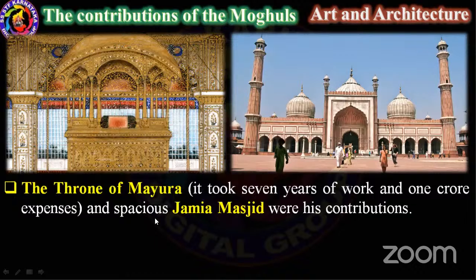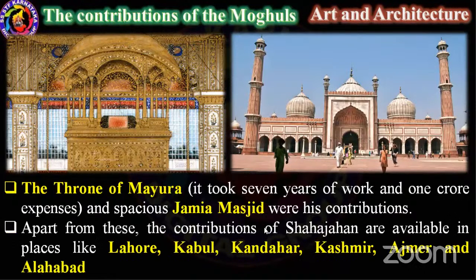And this is Jama Masjid, his contribution. Shah Jahan built all these monuments and the Peacock throne, spending a lot of money.